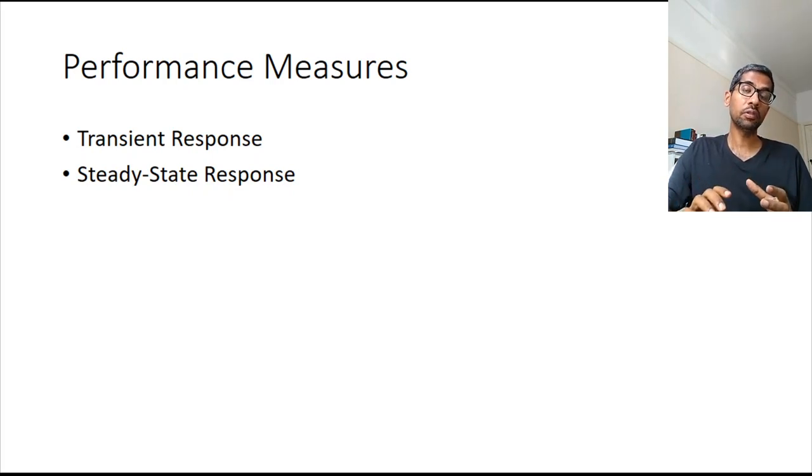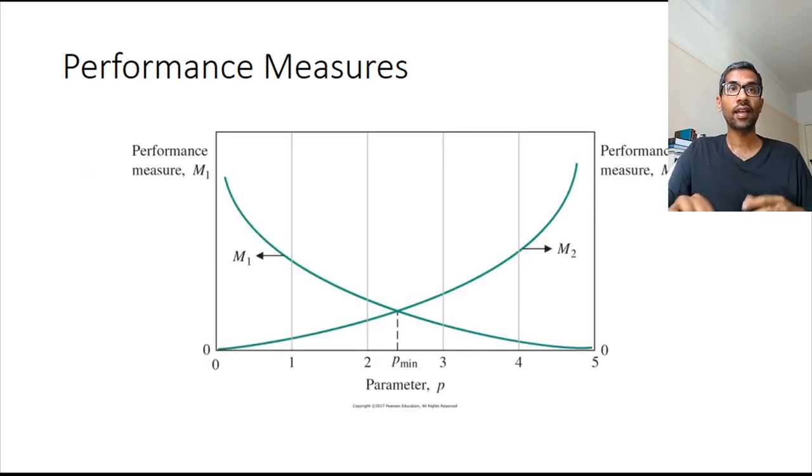Now, in most control systems, it's not enough just to look at one performance measure, but several. What we want to do is basically try to find the best possible measure for performance. For example, here on this slide, you can see performance measure M1 being plotted here and performance measure M2 being plotted here.